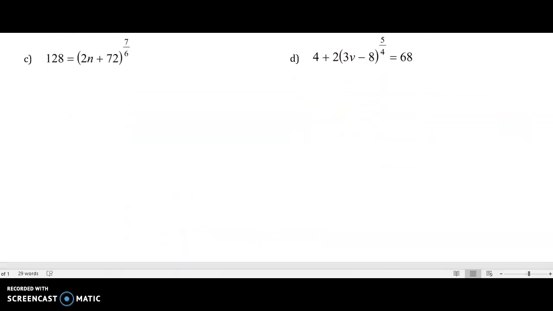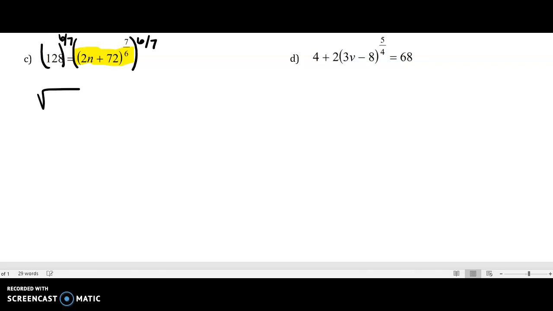All right, how about C? What is raised to the 7/6 power? It's all this. Is it isolated? Yeah, there's nothing in front of it, nothing behind it. So we're ready to go ahead and undo. What's the reciprocal of 7/6? 6/7. So I take both sides to the 6/7.